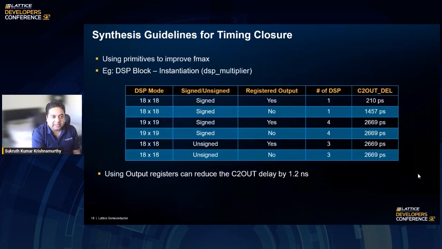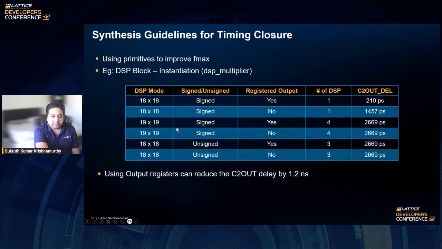Similarly, in this example of a DSP block, if you use an 18x18 DSP block in a signed mode with an output register, you will see that the C2 out delay of this particular primitive is only 210 picoseconds. But if you have used the same primitive without the output register, the C2 out delay increases by 1457 picoseconds.